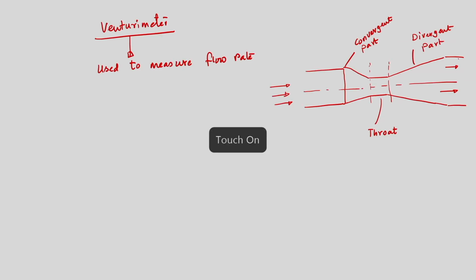The pipe connected to the convergent part has diameter D, and this angle is alpha 1 and this angle is alpha 2, and the diameter of the throat is small d.